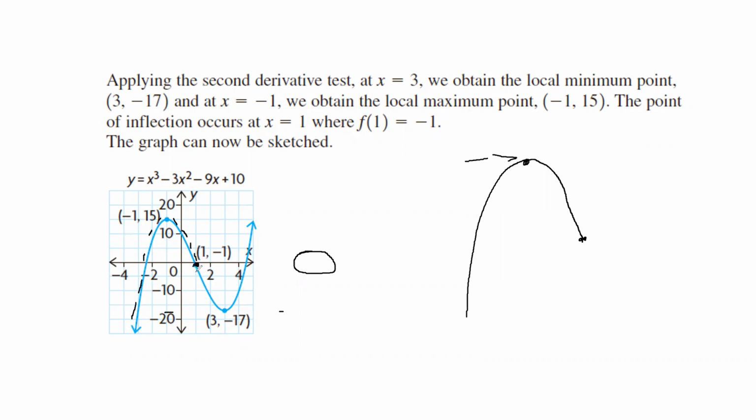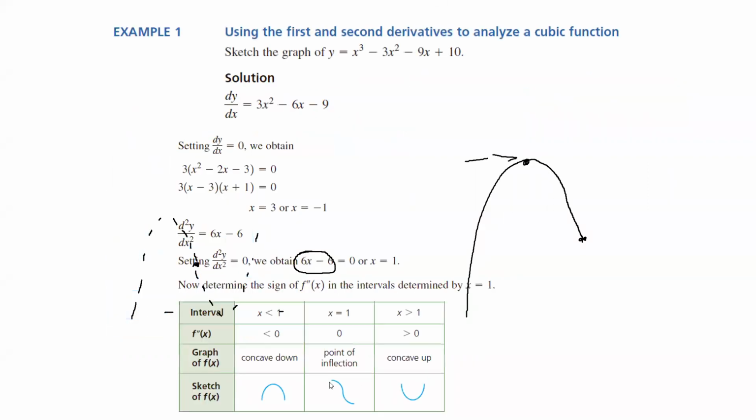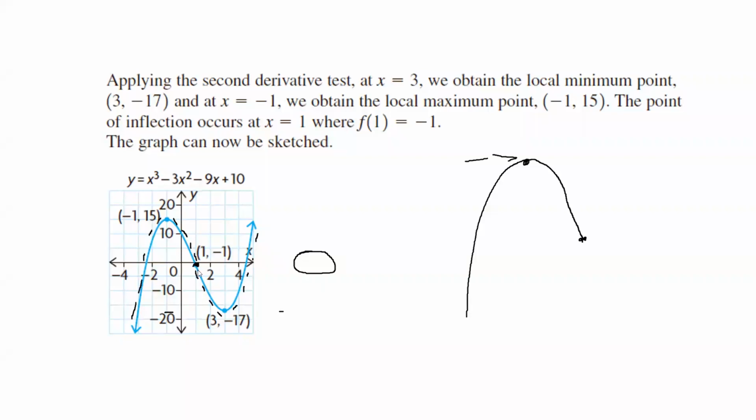Inflection point, and now concave up. And that's exactly what we found with the second derivative test: concave down to the left from x equals 1, and concave up to the right from this point.